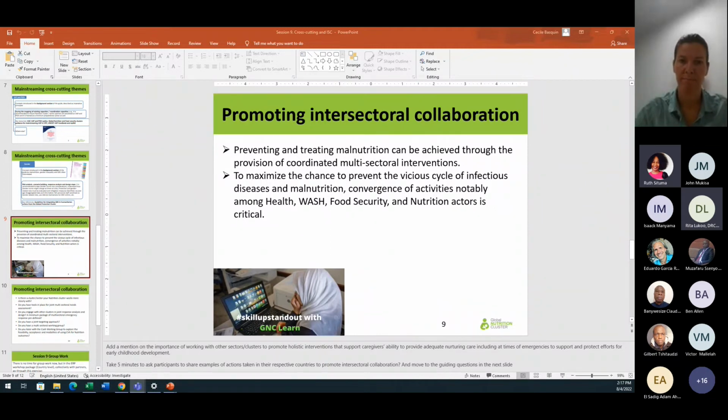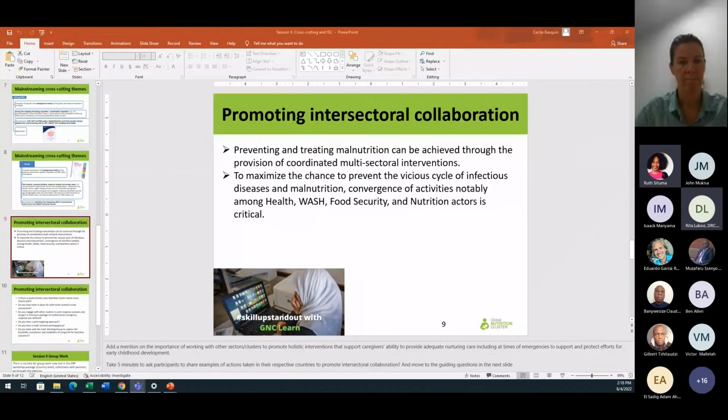Based on that, we agreed with the different clusters what the priority geographical areas are for them, and we overlaid each of the findings from each sector, and based on that we zeroed in where we have multiple deprivation. So we have about 17 counties that we've prioritized as areas where you not only have nutrition as a problem, you have health as a problem, you have WASH as a problem, you have food insecurity as a problem, as well as gender related issues as a problem.